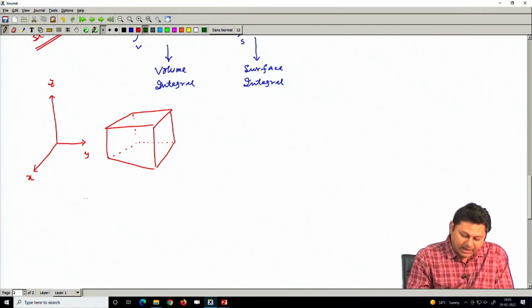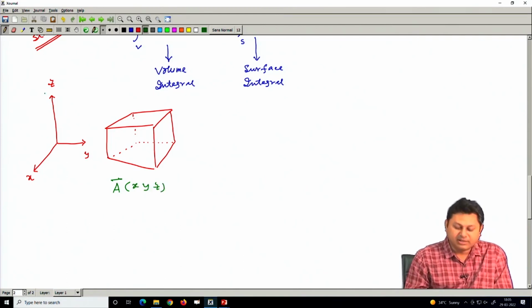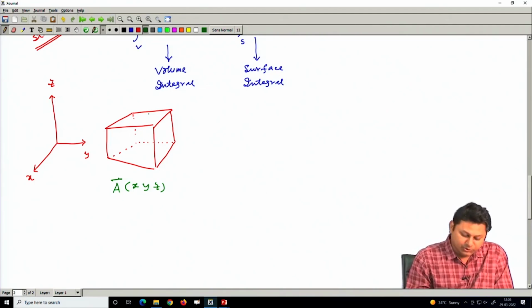Also a vector field is given, as a function of x, y and z. So, it can have different values, as I just showed you before, how the vector field is changing.